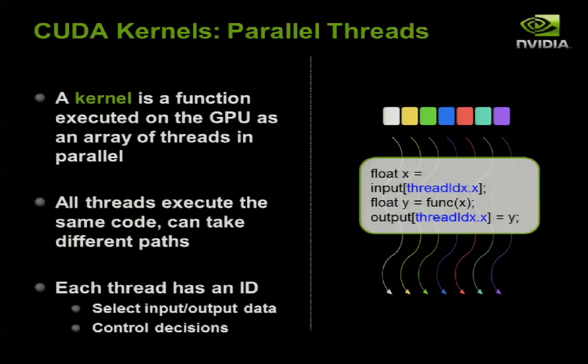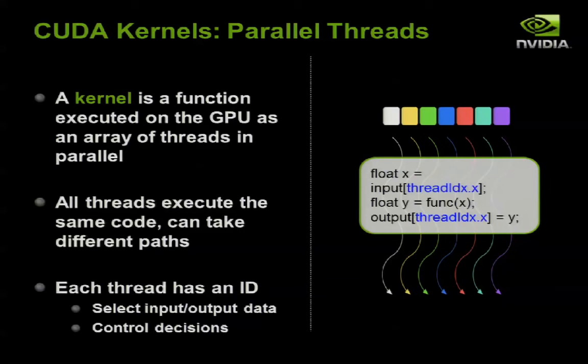We've covered that the kernel is a function that is being executed, and it's executing an array of these threads in parallel. Each one of these threads has a way to identify itself, basically to identify the array index. In CUDA syntax, it's called threadIdx, which is a three-dimensional struct, and the x component is the first dimension of the thread index.